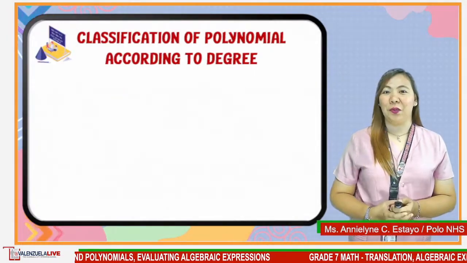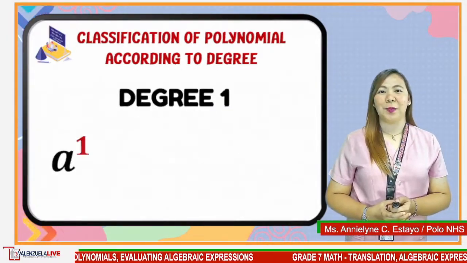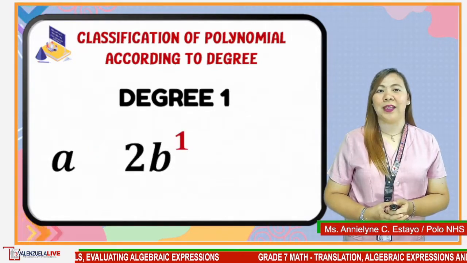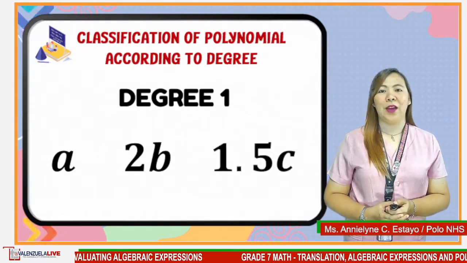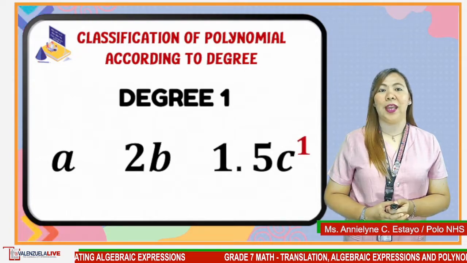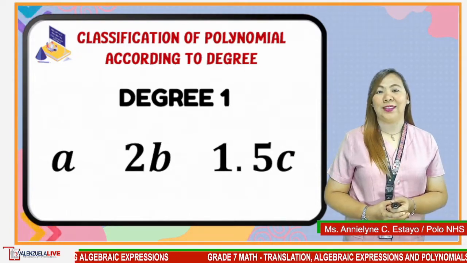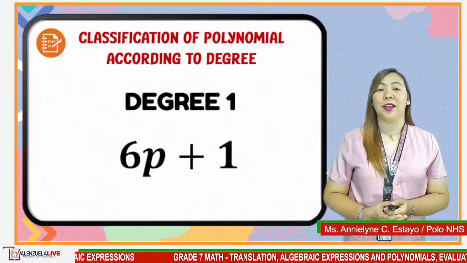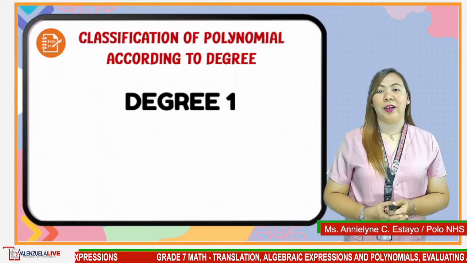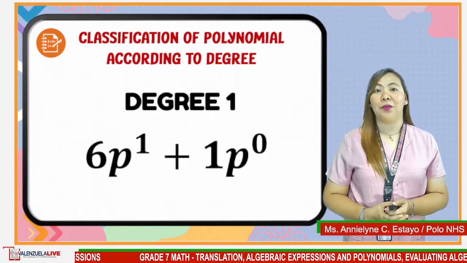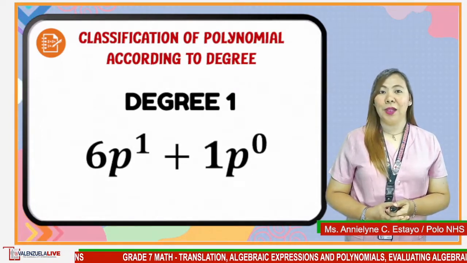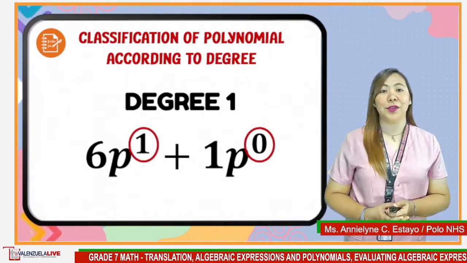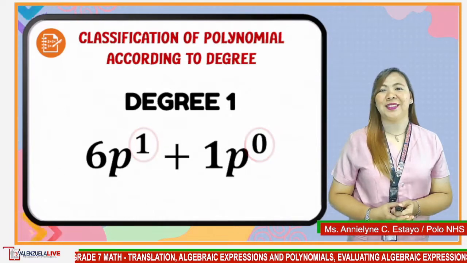For the degree 1, a has an exponent of 1, 2b has also an exponent of 1, and same with 1.5c, that is why it is in the degree 1. 6p plus 1 is also in the degree 1, since if we write it as 6p raised to 1 plus 1p raised to 0, the highest degree found at the first term is 1.